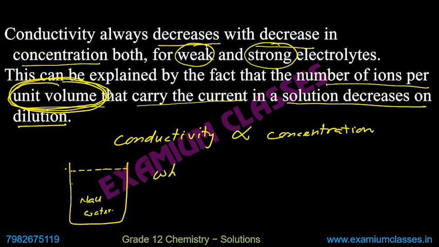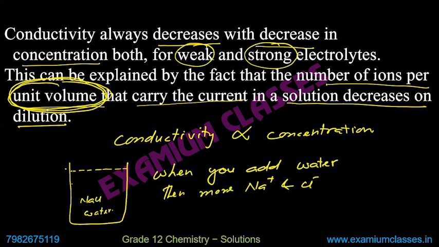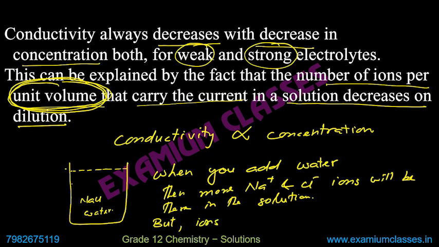So when you add water, for example, water is the solvent, then more sodium and chloride ions will be there in the solution. Ionization will increase, but ions per unit volume will decrease.